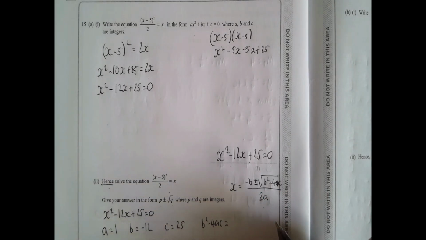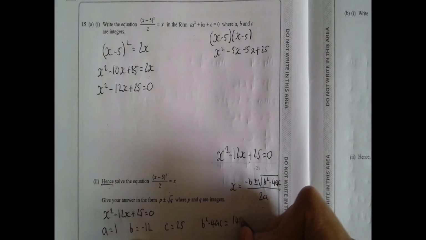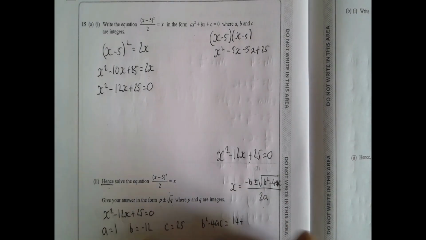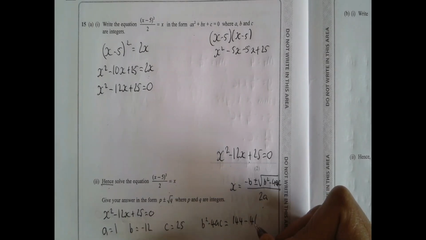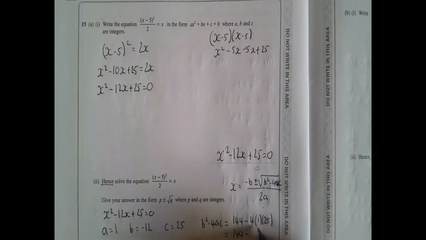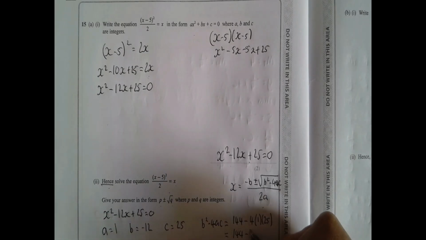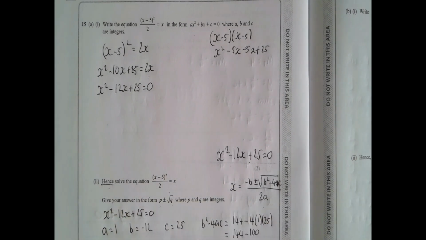So b squared is going to be 144, because it's negative 12 times negative 12, take away 4 times a, which is 1, times c, which is 25. So that's 144, take away 4 times 1 times 25, which is 100, and that gives my discriminant a value of 44. Whoops, I've just gone off the screen there, but hopefully you followed that.